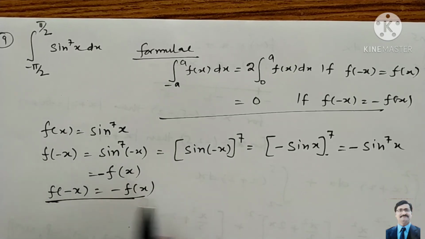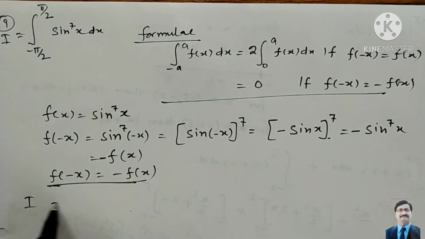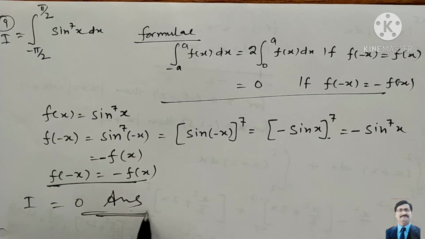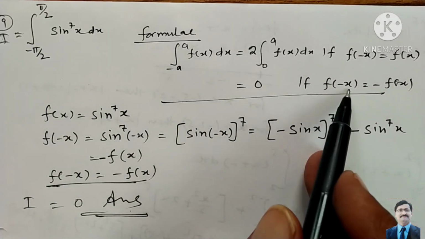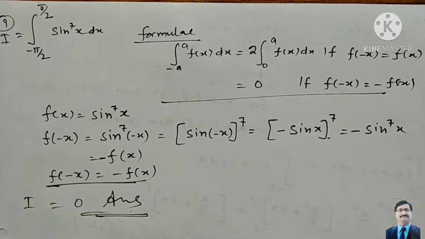Okay, so this integral value will become 0, because we already know that if f(−x) equals −f(x), the answer we get directly is 0.